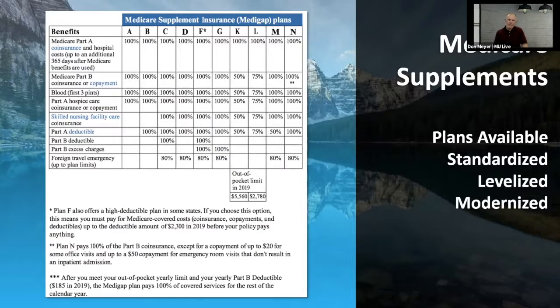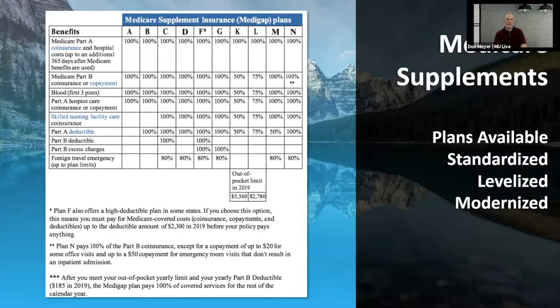Then what happened is that the government, back in June of 2010, decided that they were going to modernize the plan. And you can see by looking at this alphabet that there's certain letters that are missing, like E. Okay, E is gone, H is gone, I is gone. All right, those all got taken away. J was taken away back when Part D came out, but the rest of them were taken away in 2010 when the government said, these plans need to be updated and they need to be modernized.